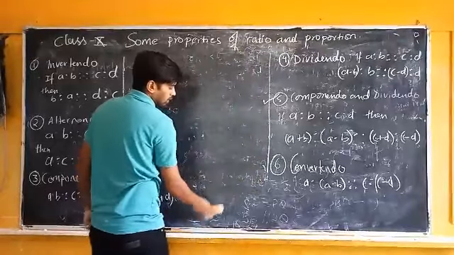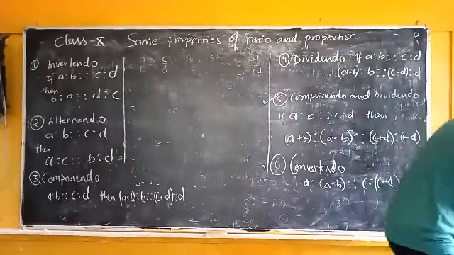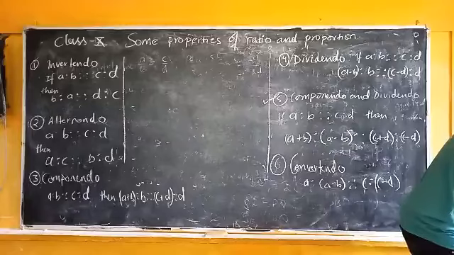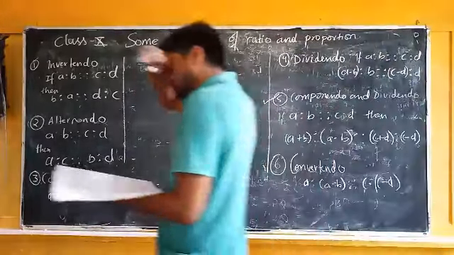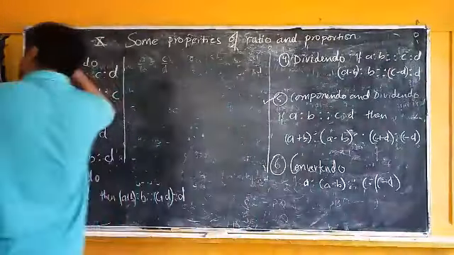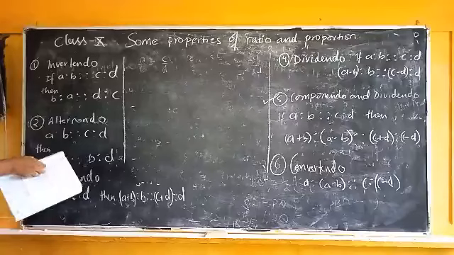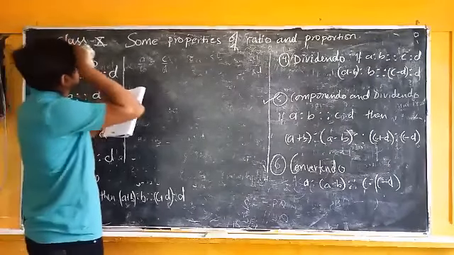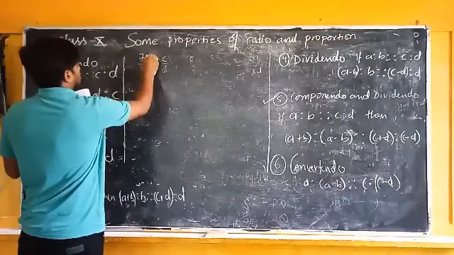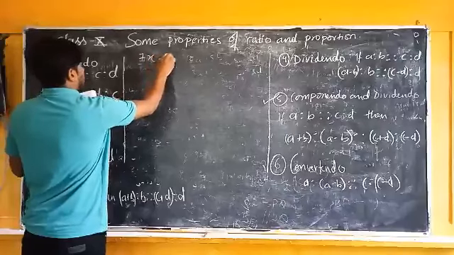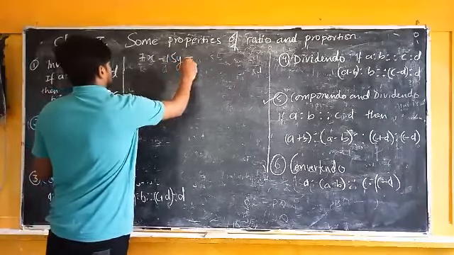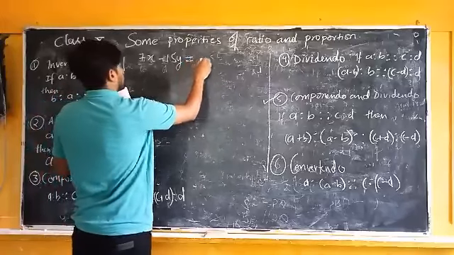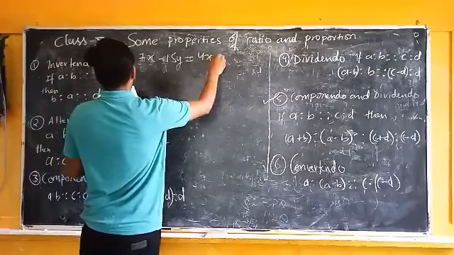Okay, we'll do one more example, I guess. Okay, we'll see example number 5. First part. Okay, so let's see what is given to us. So this is what is given to us: 7x minus 15y equals to 4x plus y.